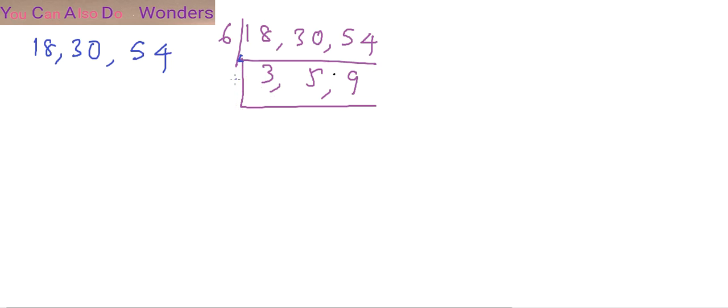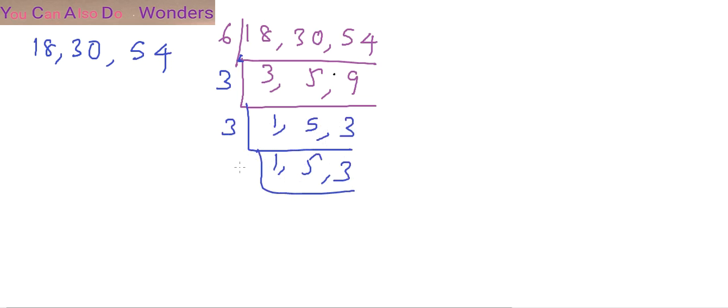So let's divide by 3. The 5 is not divisible by 3, so leave it as it is, and this one 3 times. Now again divide by a prime number, 3: 1, 5 and 3. Now 1, 5 and 1, and this one by 5: 1, 1, 1, that's all. So that's the end.